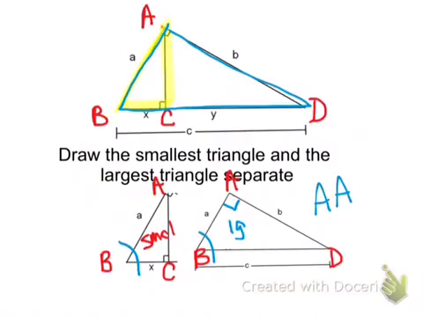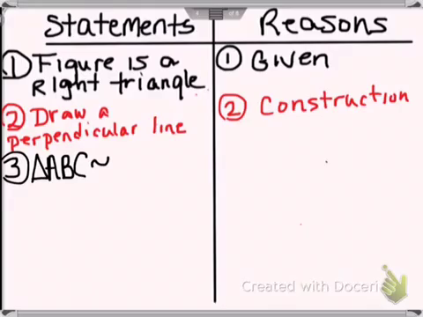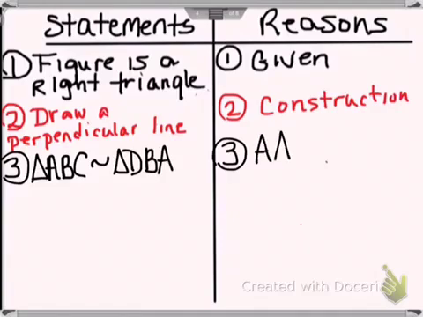If we start at A, we need to start at D because A and D are corresponding. If I go from A to B, I need to go from D to B. So I would say D, B, A. So triangle DBA. And we know those are similar by the angle-angle theorem because we identified the two angles that were similar. Let's go to the next part.